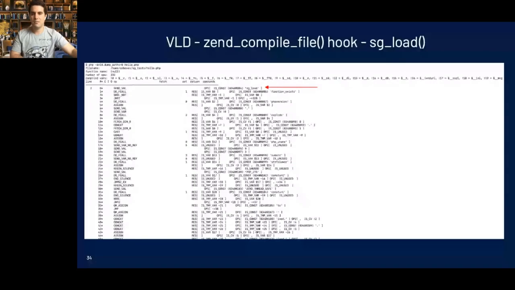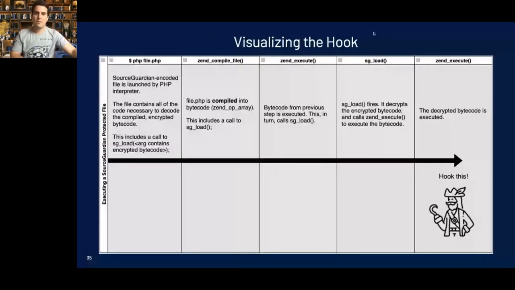So just to give you an idea of what happens here with the hooks, when a SourceGuardian protected file is launched by the PHP interpreter, all of that wrapper code is compiled into bytecode. That wrapper code gets turned into an op array, which includes the call to SG load. Then all of that compiled wrapper code gets executed, which in turn calls SG load.